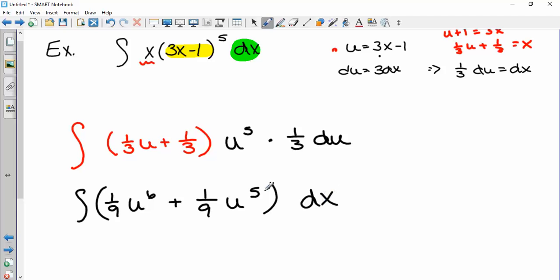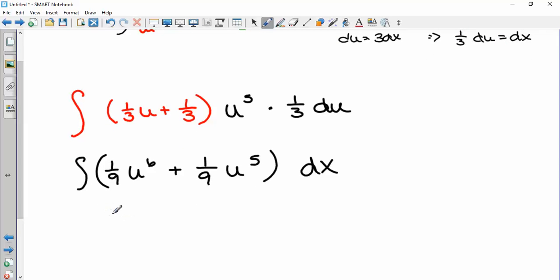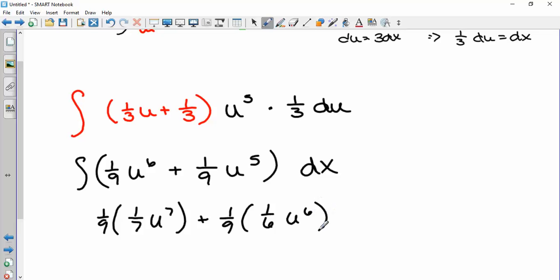So it was initially uglier, but the benefit is now the thing with the power is just a single u, so we can distribute it through. Then we can integrate. So we have 1/9 u to the 6th would be 1/7 u to the 7th. U to the 5th would be 1/6 u to the 6th.